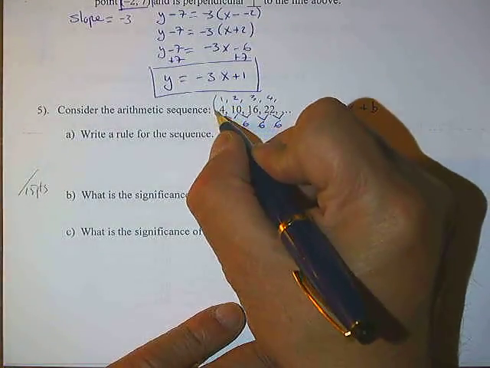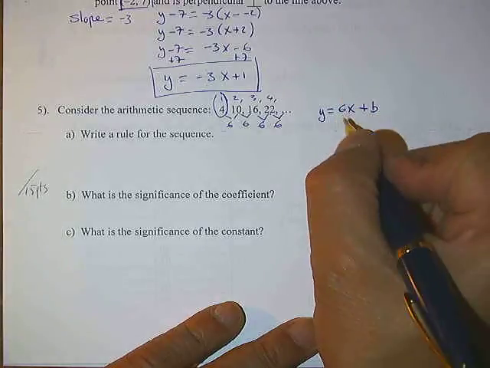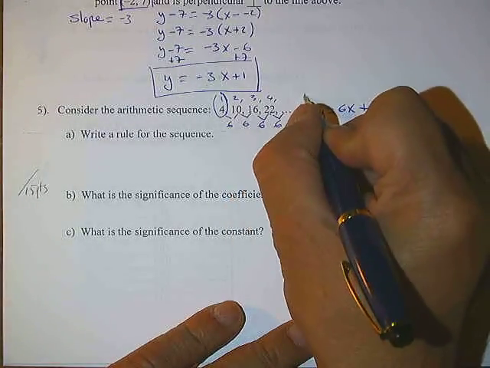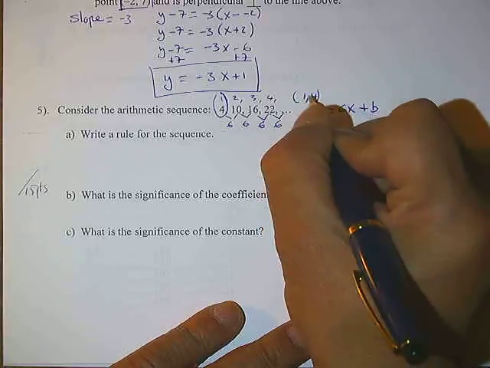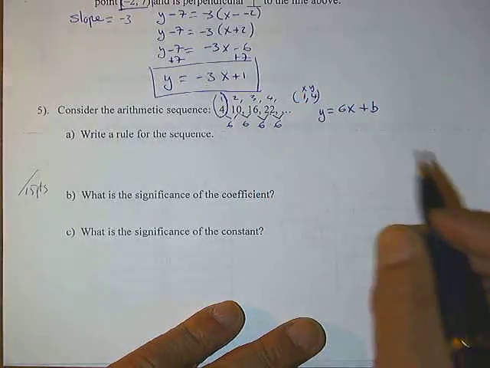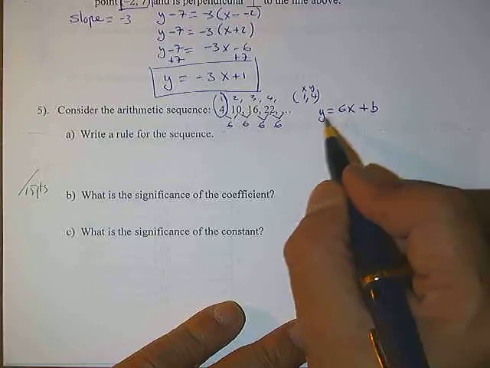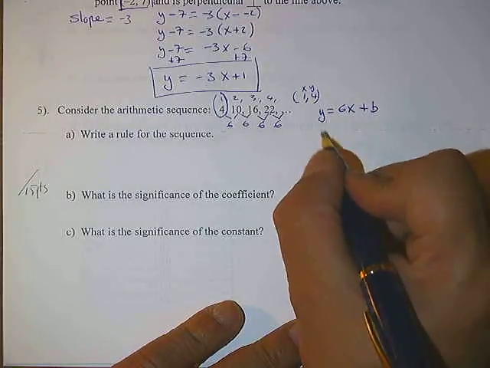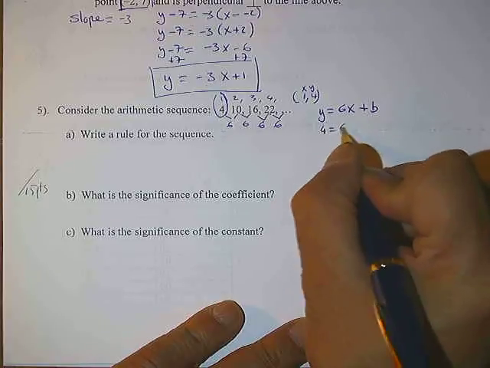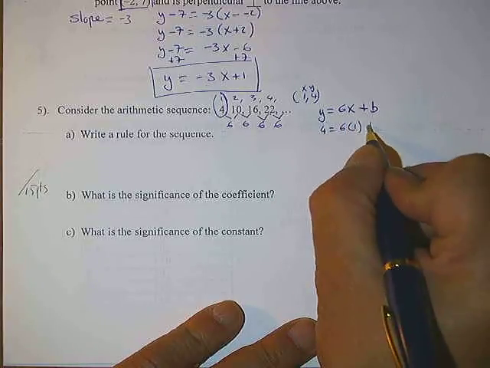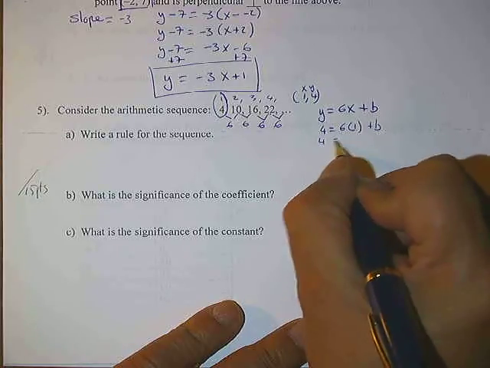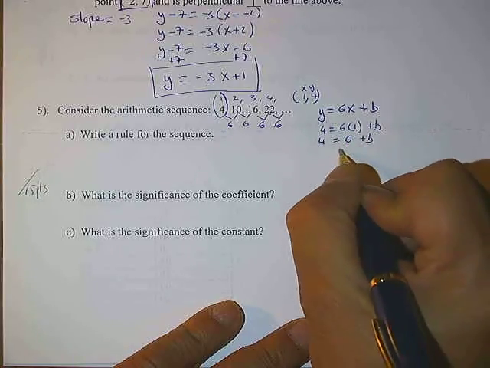Now, I know that the first term is 4. The second term is 10. The third term is 16. The fourth term is 22. So I'm going to use this point right here, 1, 4, to write this equation. I'm substituting x and y so I can solve for b.